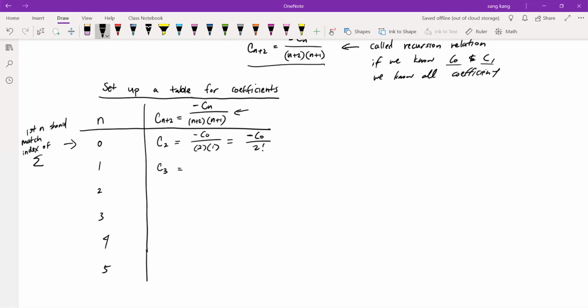This will be negative C1 over 3 times 2, which is negative C1 over 3 factorial. If I plug in 2, we'll have C4. This will be negative C2 over 4 times 3. C5 will be negative C3 over 5 times 4. I mean, you get the point.